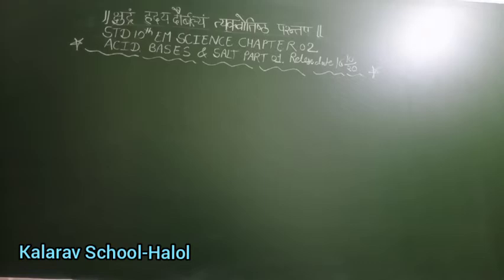It is not a natural indicator, it is prepared in the laboratory, and phenolphthalein to test for acid and base. In this chapter, we will study the reaction of acids and bases, how they affect each other, and many more interesting things that we see in our daily life.